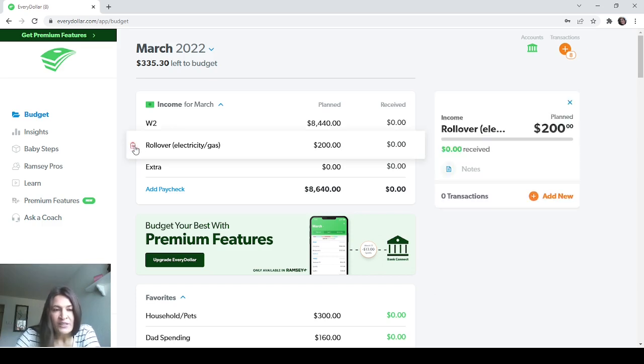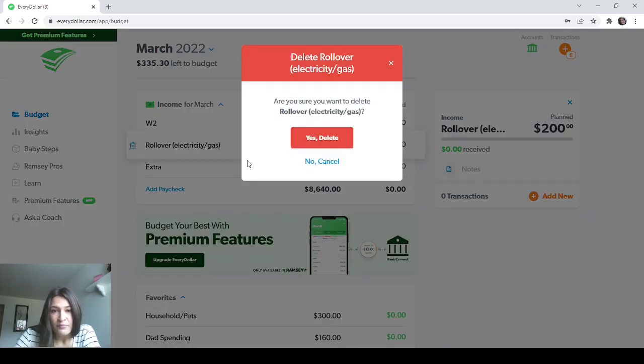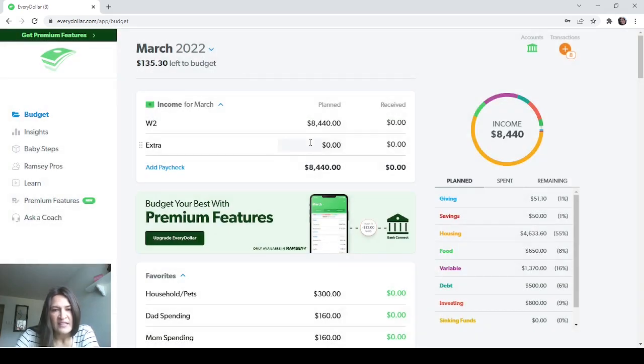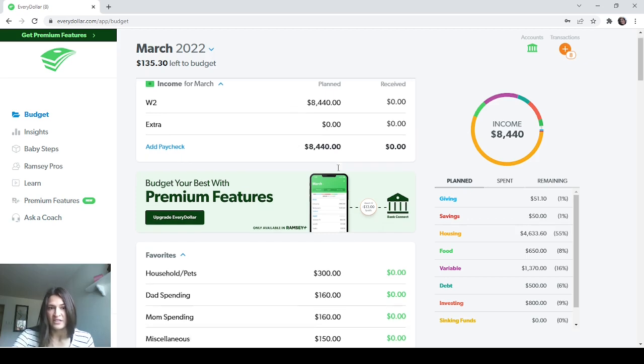So I'm actually going to delete that. Okay, so yes, I do want to delete, and I'm not going to add in anything extra, so that's going to be a 0. So the total amount of money that we expect to work with in March is $8,440 from our W-2 paychecks.